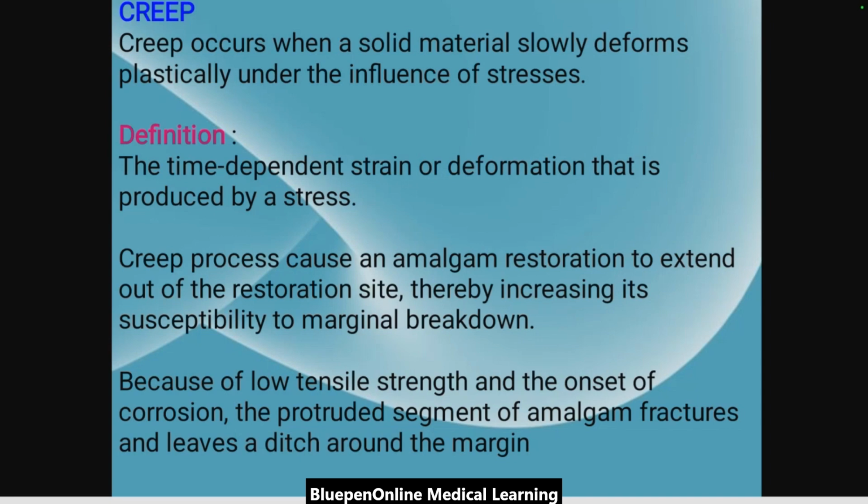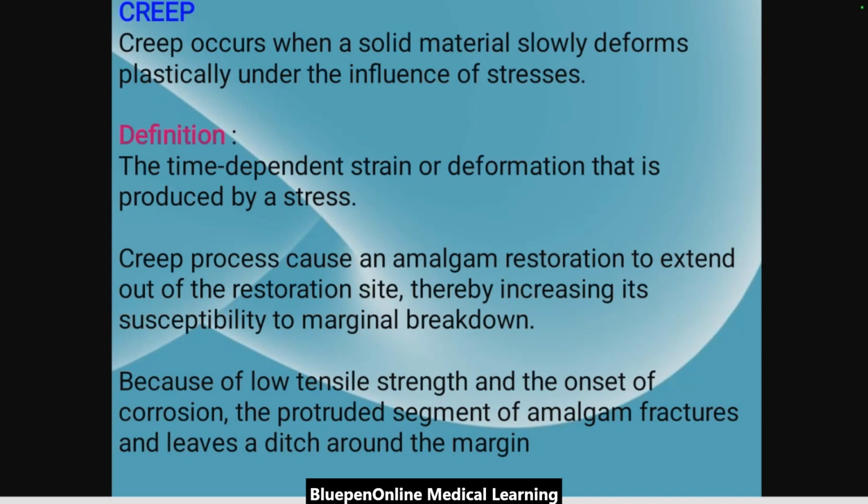The creep process causes an amalgam restoration to extend out of the restoration site, thereby increasing its susceptibility to marginal breakdown. What happens when creep is occurring? This creep process makes the amalgam restoration extend out of the cavity. So there will be a gap created between the restoration and the cavity wall, and a marginal gap will be seen.